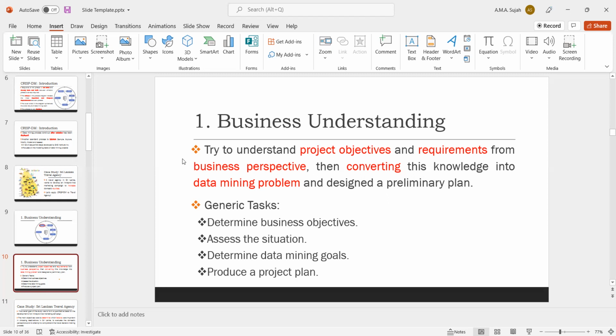So you need to consider all of this throughout the business understanding, and analyze your customer needs. Who are the customers here? The tourists, they are the customers.